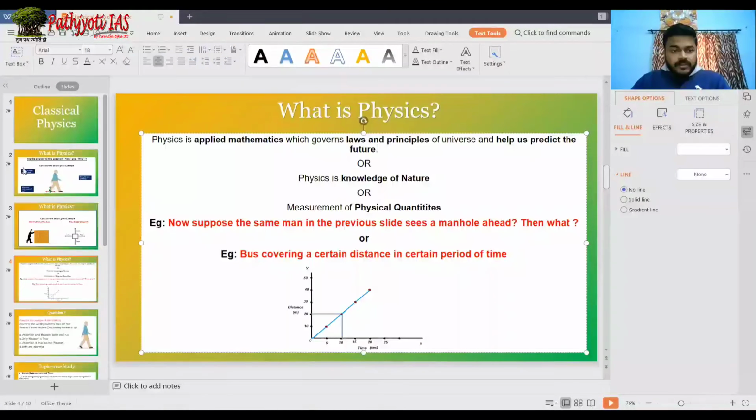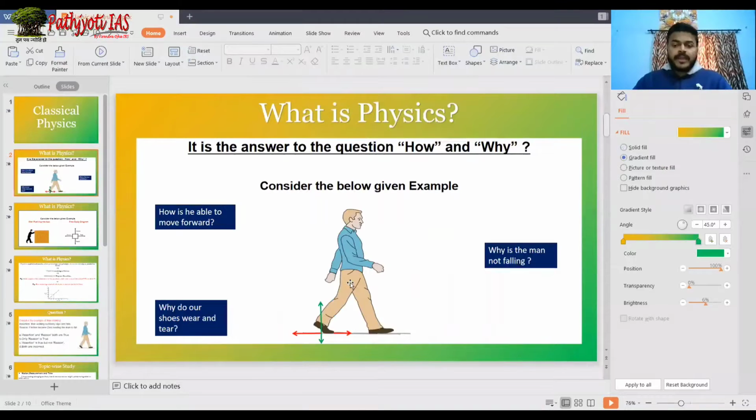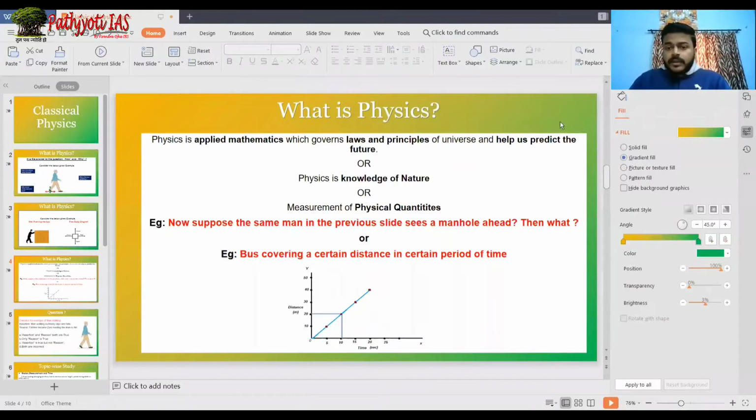So in this case, the future of the man would be decided. We are not going into the numerical portion because that is not required. And when it will be required, I'll definitely solve one or two numericals to help you understand this concept better. So this is basically helping us predict the future of the man, whether he would avoid the accident or he would fall into the manhole.